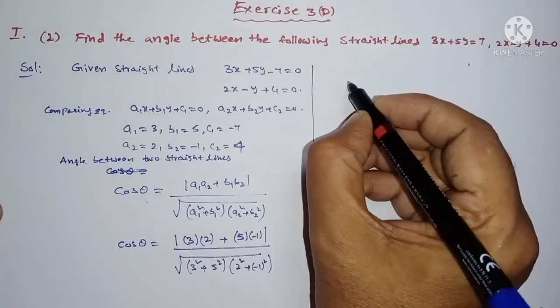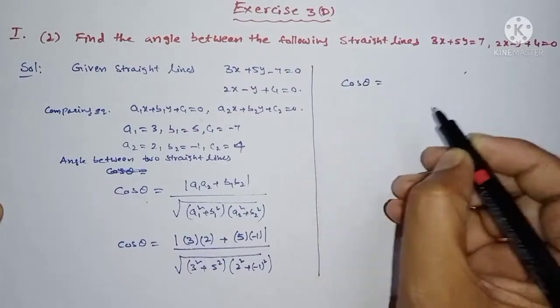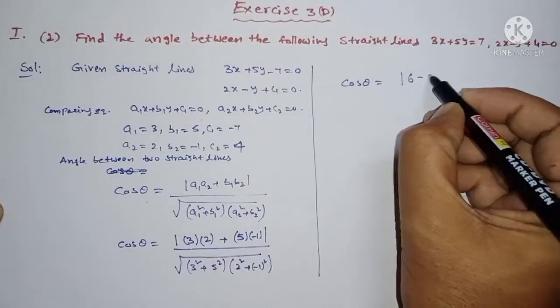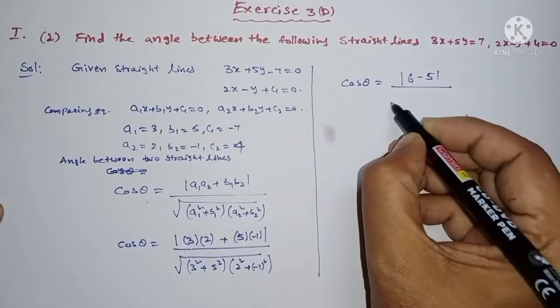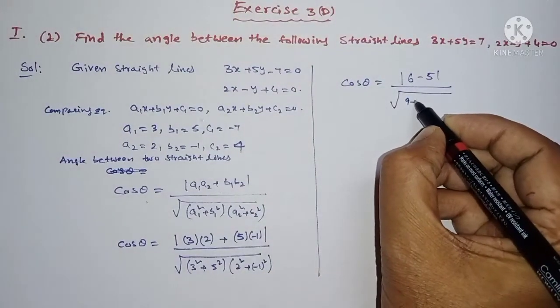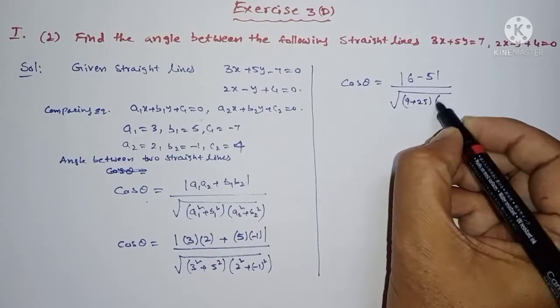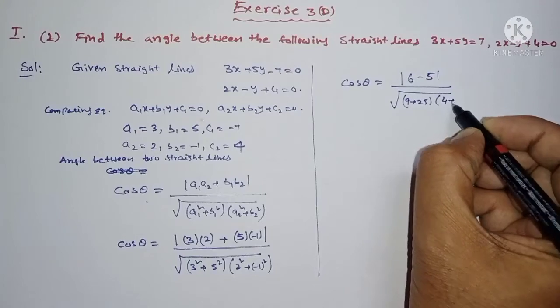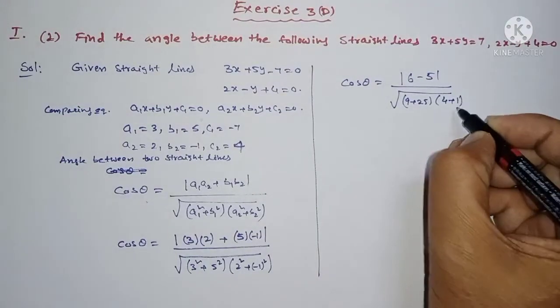Observe here, cos theta is equal to mod of 6 minus 5 by under root of 3 square is 9 plus 25, 5 square is 25, 2 square is 4, minus 1 whole square is nothing but 1.